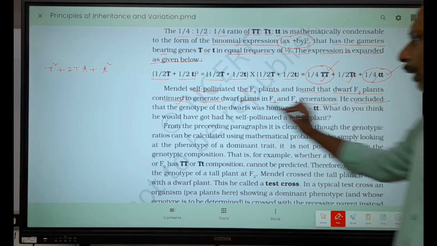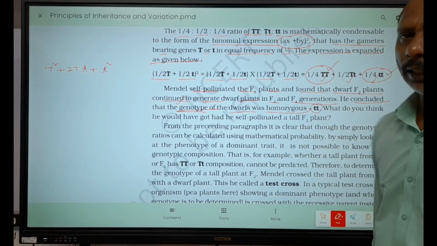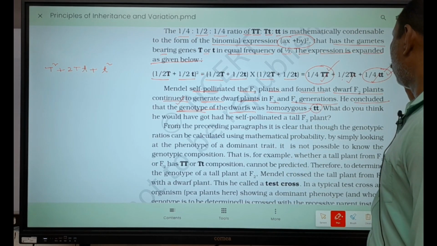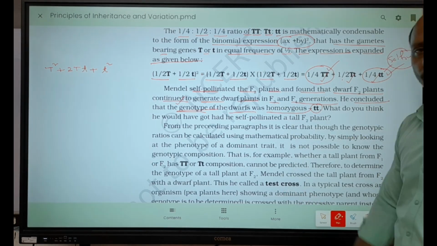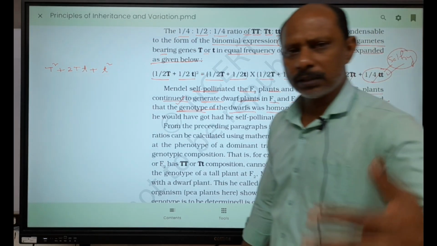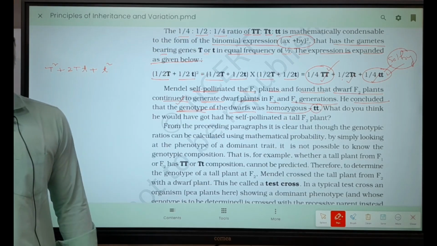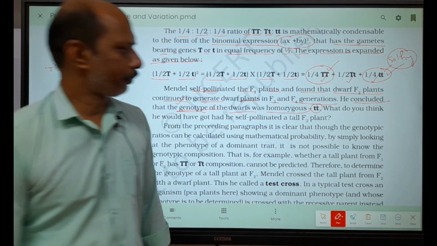He concluded that the genotype of dwarfs were homozygous. You understand? That means after selfing he gets continuously small t. In every generation he gets small t, means dwarf plant only is there. So he understood that only a homozygous condition is there.